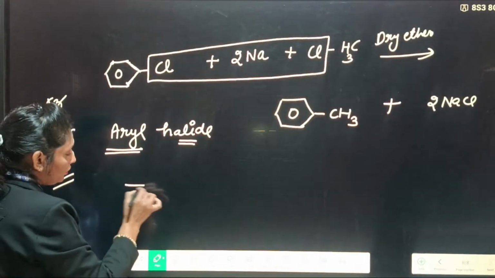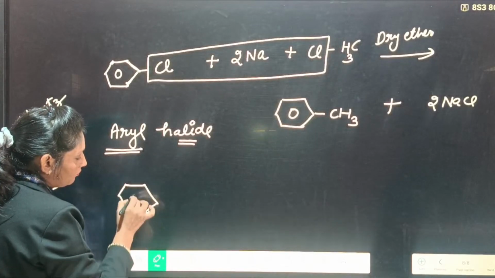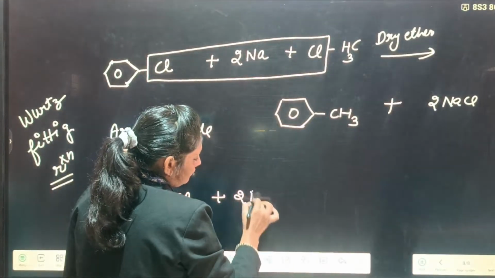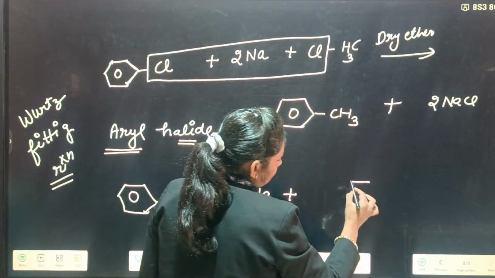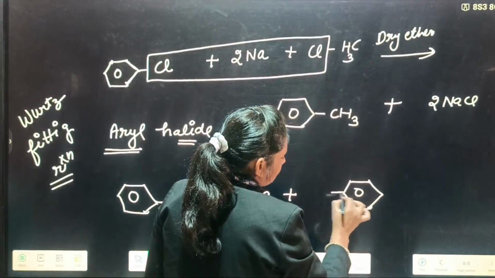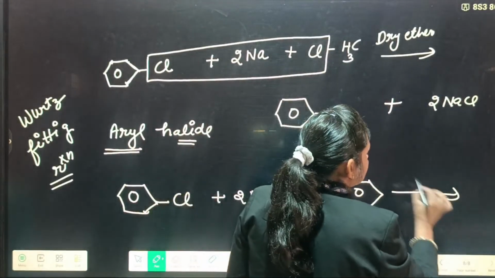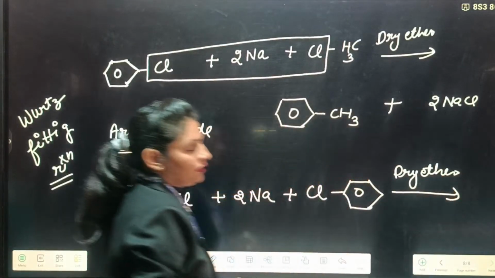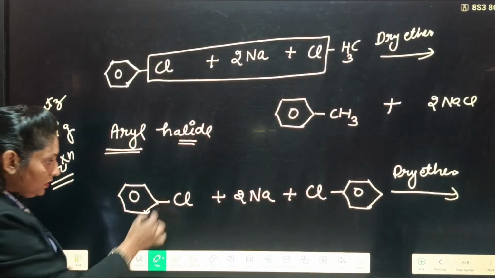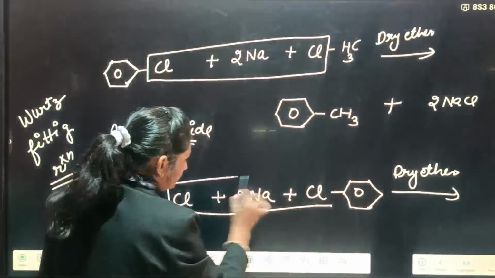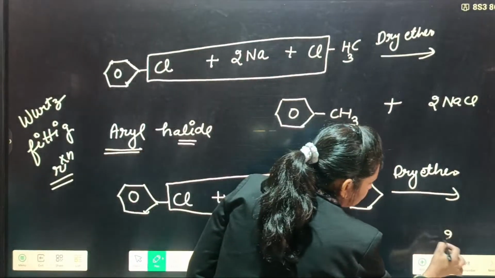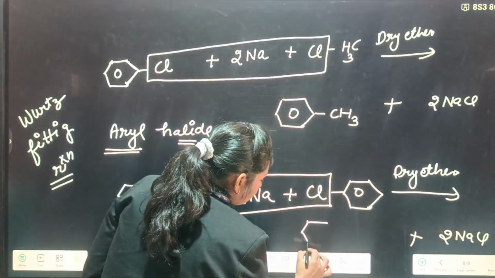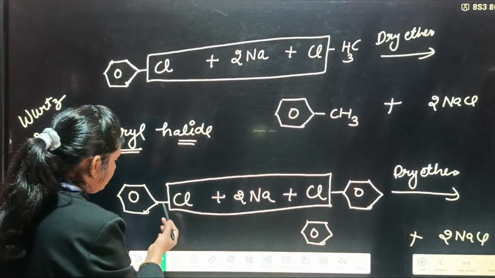And if you are having both aryl halides, in the presence of the same dry ether, in the same way you will proceed with the reaction, 2 NaCl plus this one.